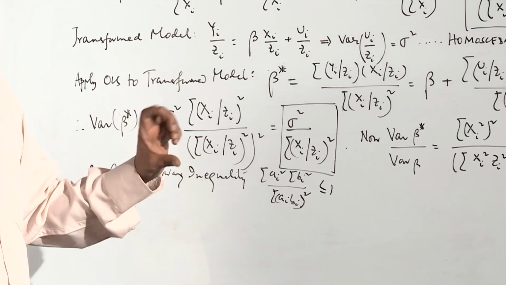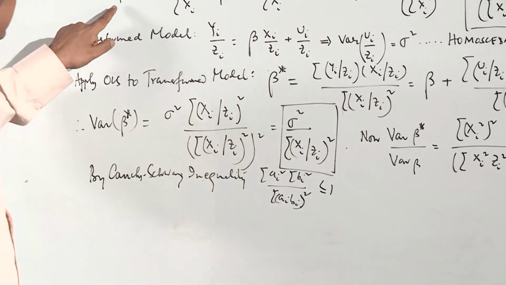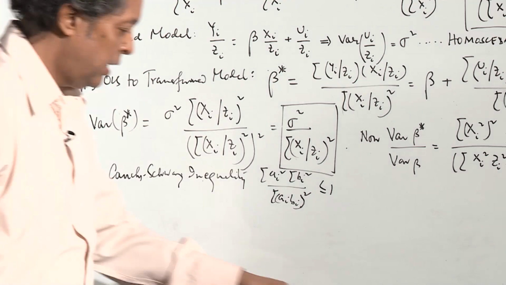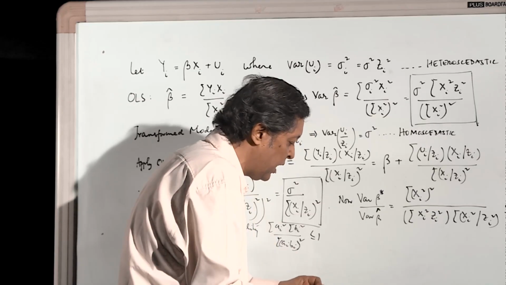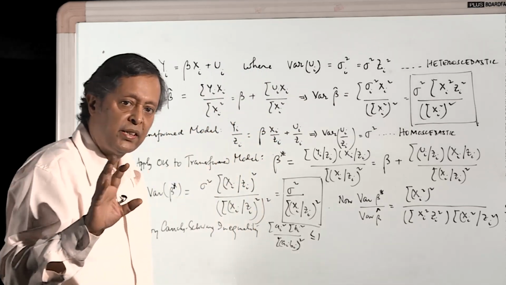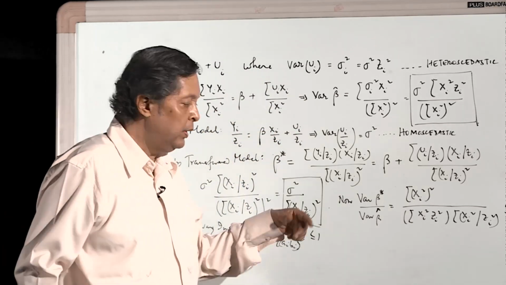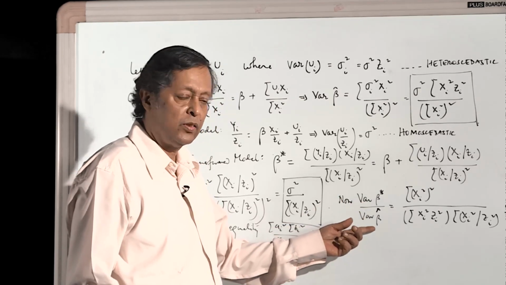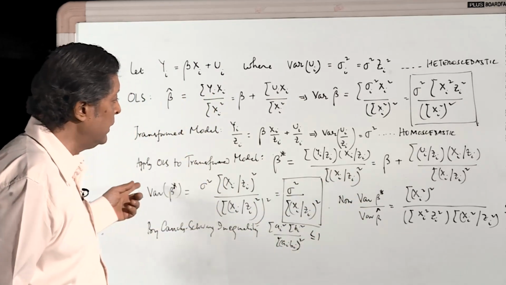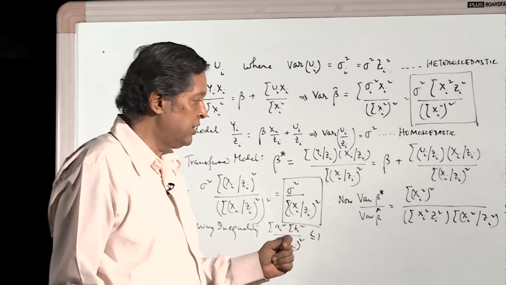Now, let us compare the variances, because both beta hat and beta star are linear unbiased estimates, but as it will turn out, the variance of beta star will be less than the variance of beta hat. So, this transformed model gives us the best linear unbiased estimator. How?